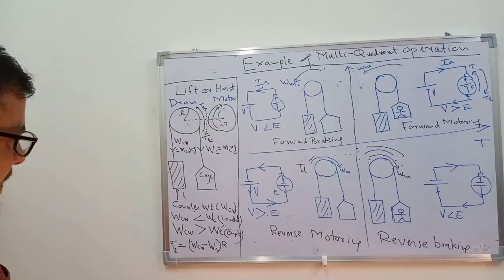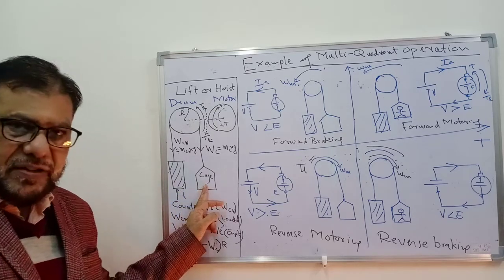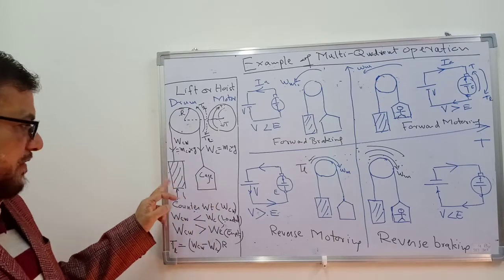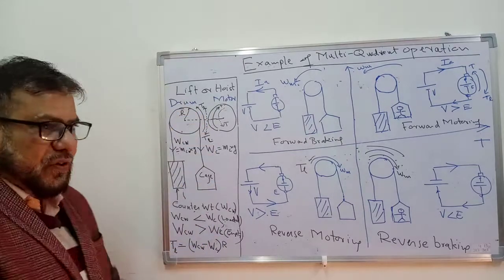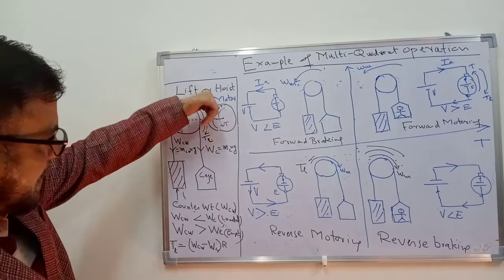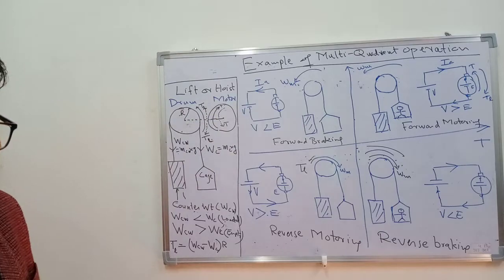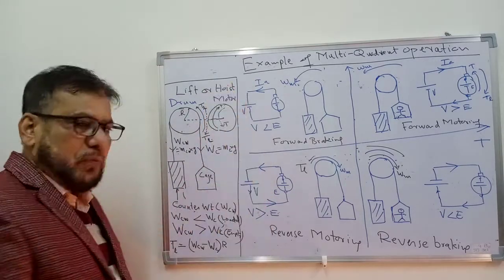On the other hand, if the cage is loaded such that the weight of the cage is more than the weight of the counterweight, in that case this clockwise torque will be more, so the net load torque will be in the clockwise direction, and the motor has to produce a torque in the opposite direction.